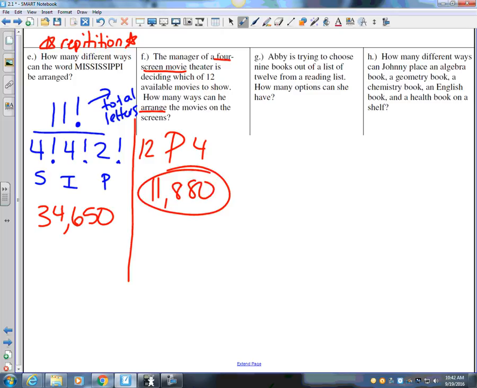Good. Okay. G, Abby is trying to choose 9 books out of a list of 12 from a reading list. How many options can she have? So I know she's going to read them in a certain order, but that's not what the question's asking. All she's doing right now is choosing them. She's just choosing the 9. She's not choosing what order to read them in right now.